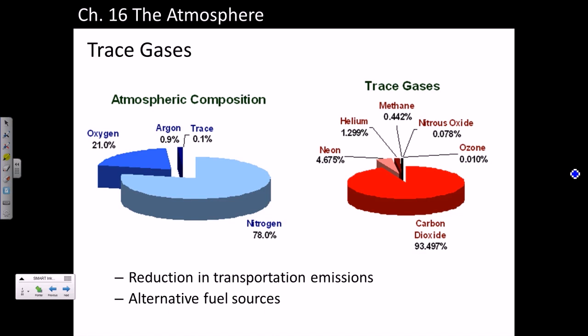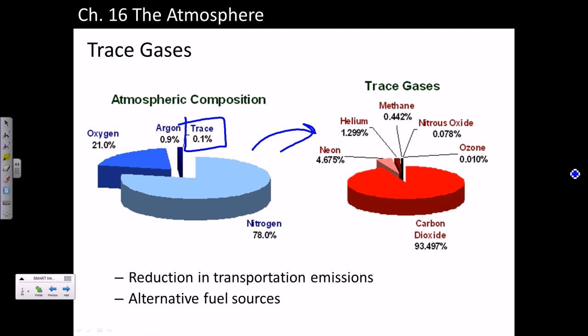Trace gases consist of this small percent, less than 0.1%. You can see them here, okay, trace gases, and we'll just jump over to the right and see what they're made up of. So our trace gases are relatively small.